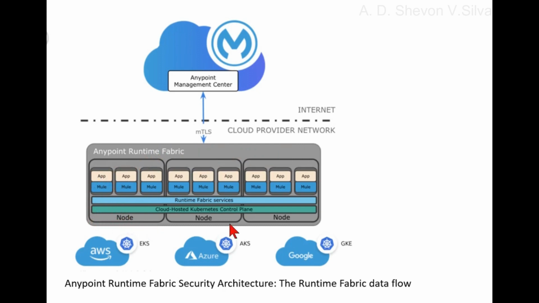Nodes are inside Anypoint Runtime Fabrics, and here you can see Runtime Fabric services and the cloud-hosted Kubernetes and control plane are inside Anypoint Runtime Fabric. Here you can see AWS with EKS, Azure with AKS, and Google with GKE.